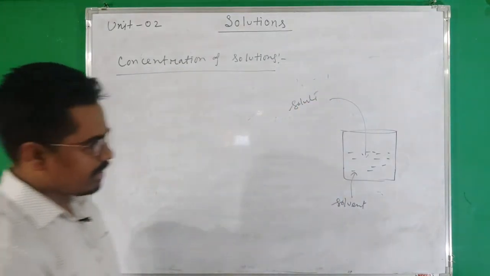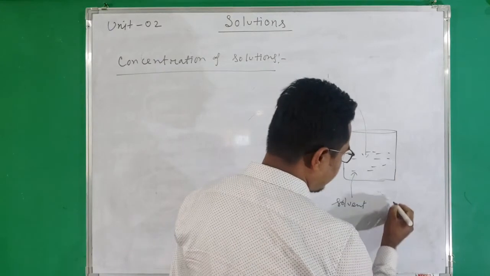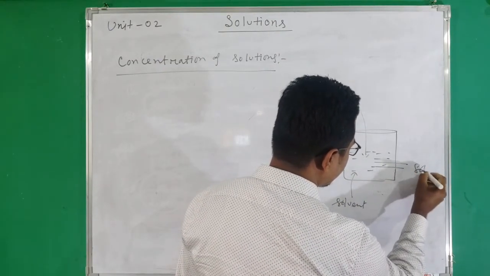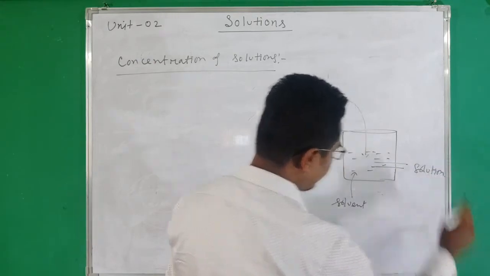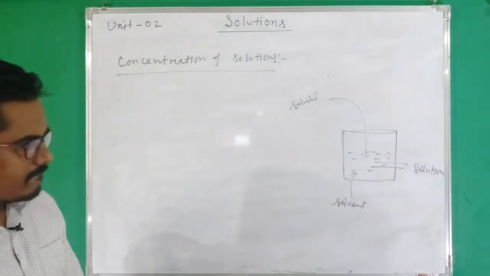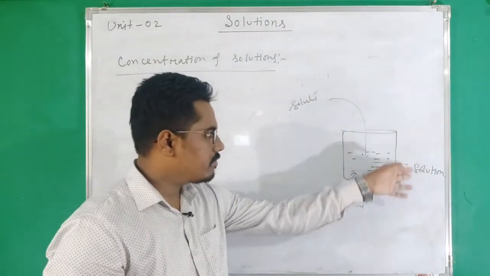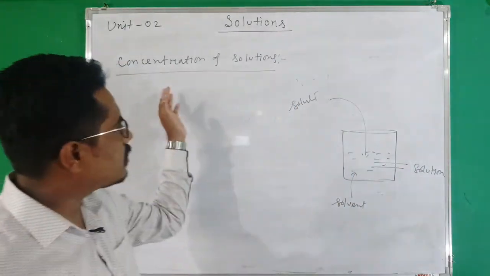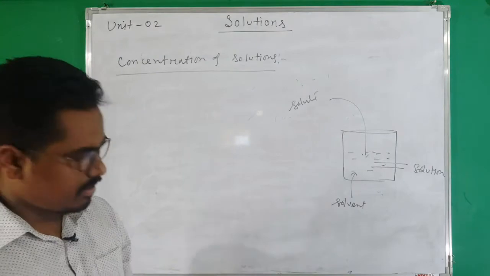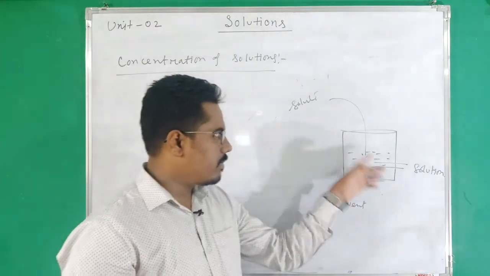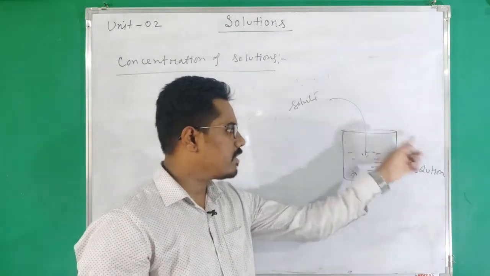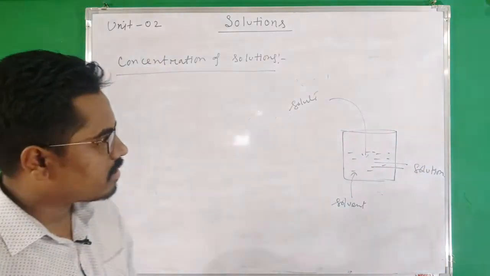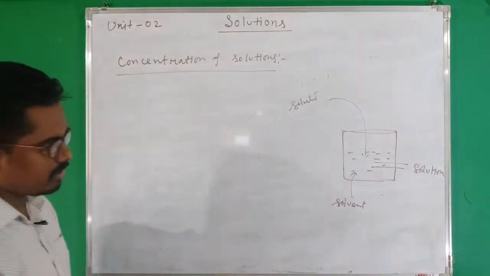Then finally I get the resultant solution. Now in the resultant solution, the amount of solute present is known as concentration of that solution. Or we can say that the amount of solute present in a given solution is known as concentration of that solution.